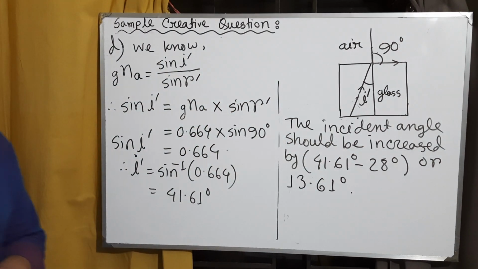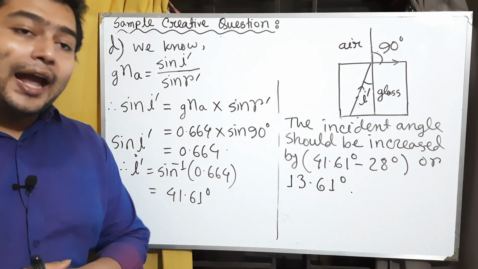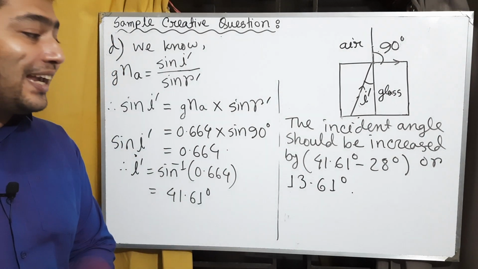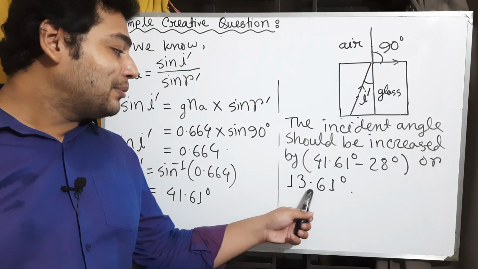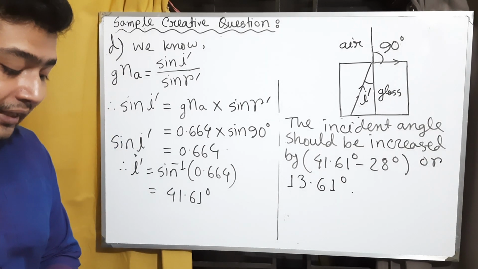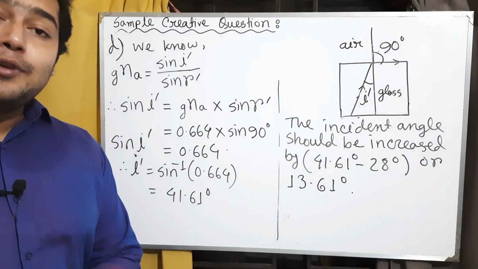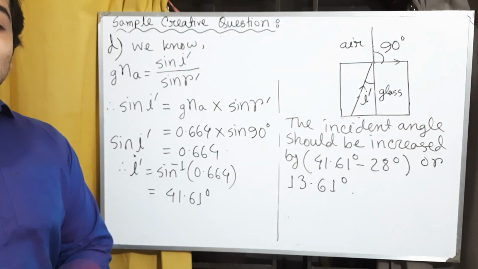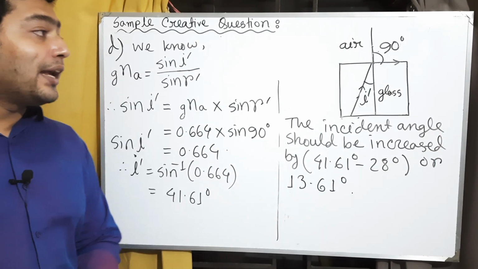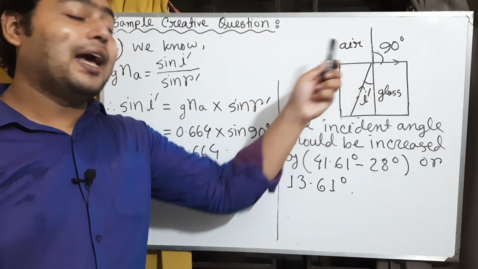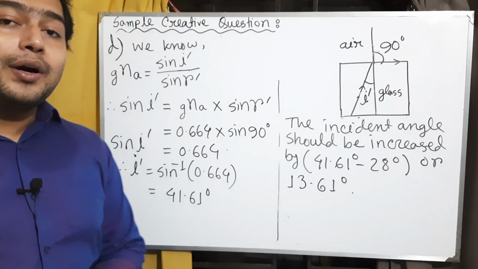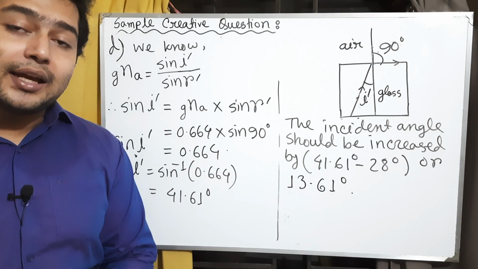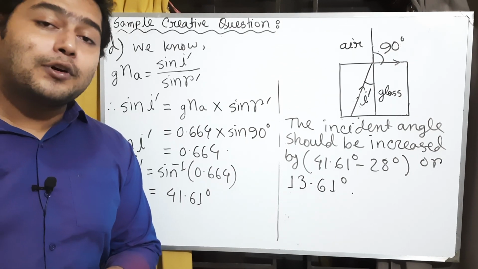So we can say that if the angle of incidence is increased by 13.61 degrees more than before, the ray will pass along the separating line between the glass and air. So boys, this is the answer for question number D, and this is all for today.